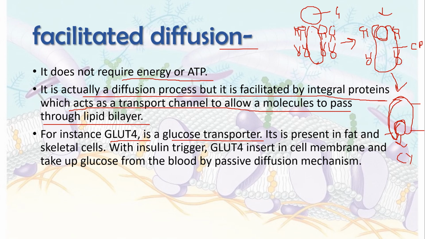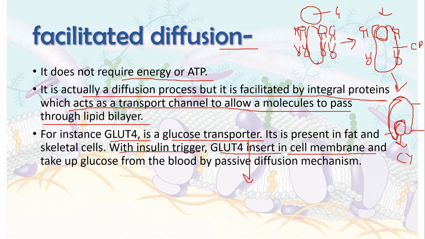And this one is extremely important in diabetes. It is found in fat cells and skeletal cells. Basically, what it does is that insulin triggers GLUT4 to insert in the cell membrane of fat and skeletal cells. So with insulin trigger, the GLUT4 integral proteins insert in the cell membrane of skeletal and fat cells and take up glucose molecules from the blood.